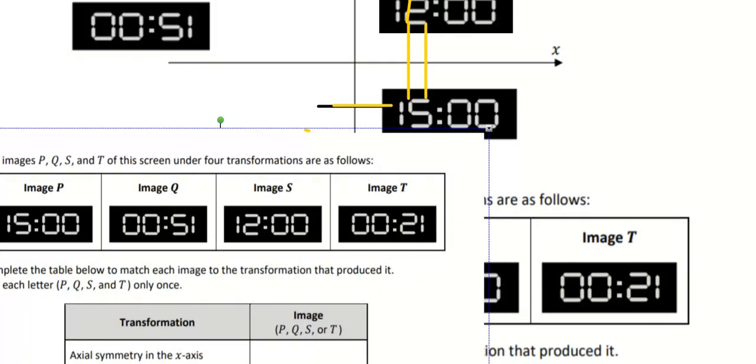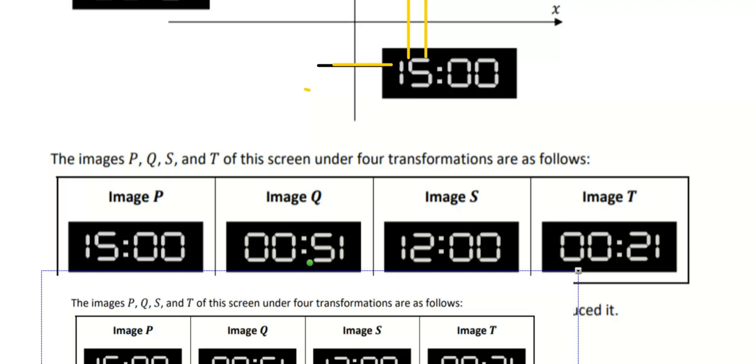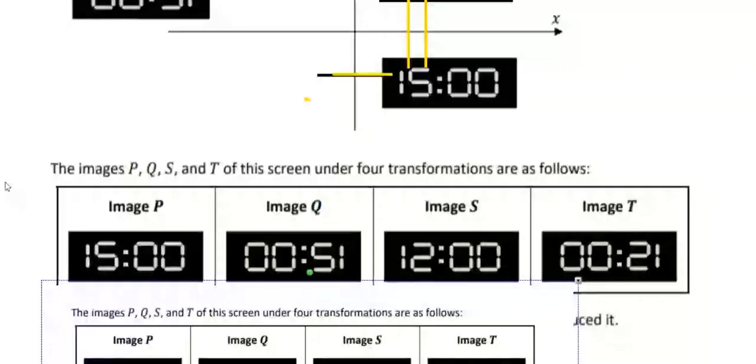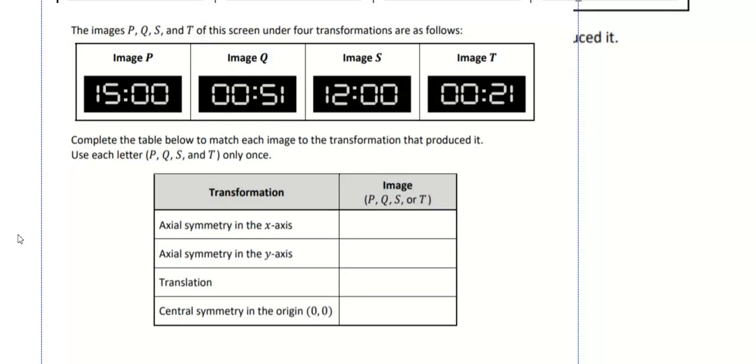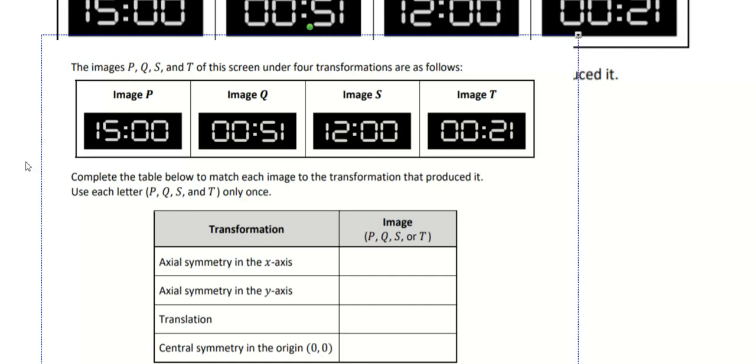So this one here, this is image S, it must be axial symmetry in the x-axis. So this one is S. Okay. Now we're going to try and find image P here.